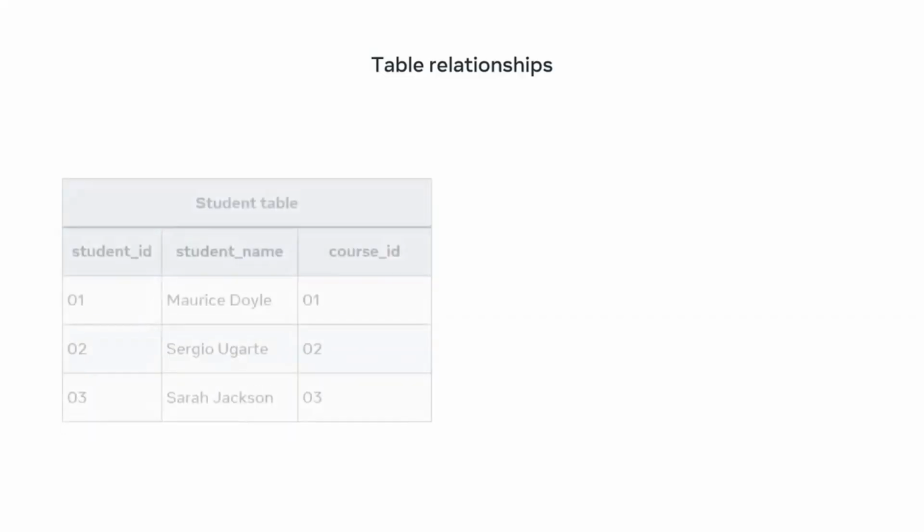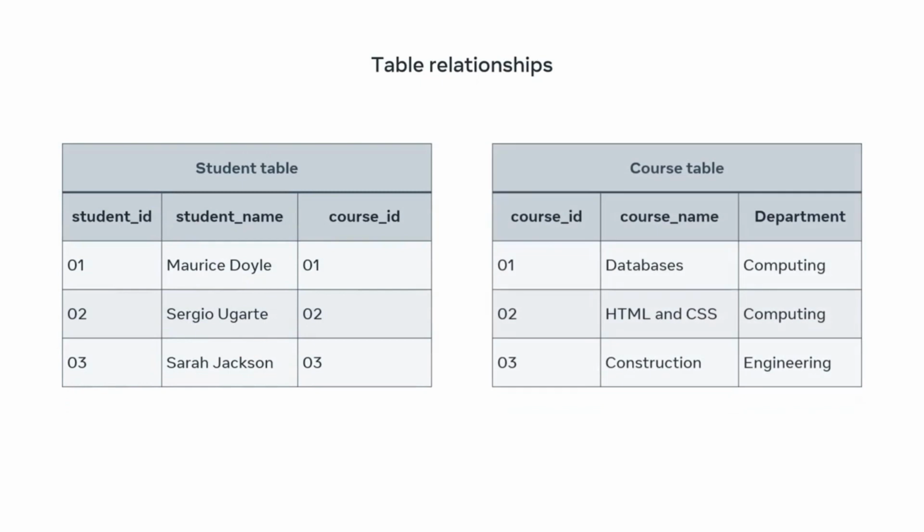Let's begin with an exploration of the one-to-many relationship. In a one-to-many relationship, a record of data in a row of one table is linked to multiple records in different rows of another. In the student table, a student with the ID of 1 is enrolled in 2 courses on the course table. So a one-to-many relationship can be drawn between these tables.